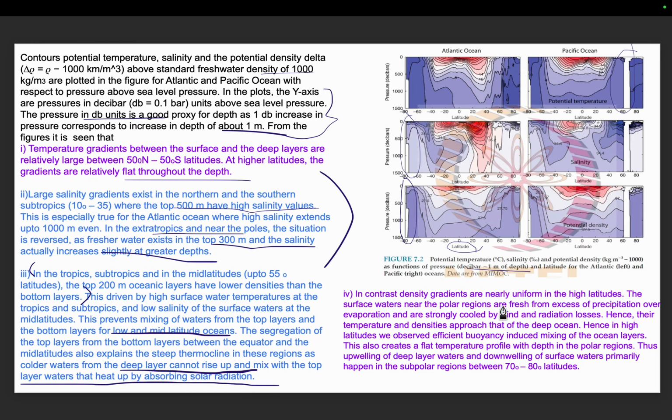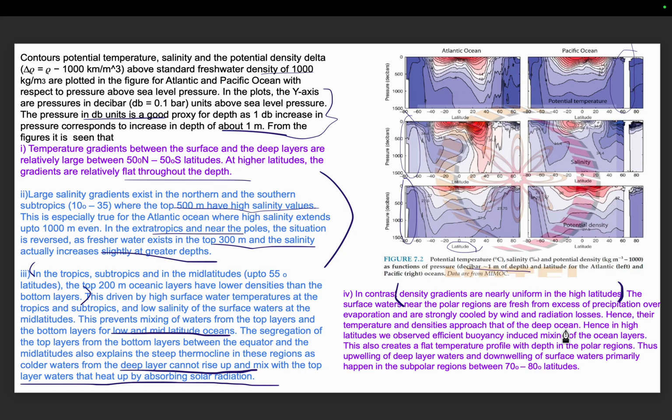In contrast, density gradients are nearly uniform in the high latitudes. The surface waters near the polar regions are fresh from the excess precipitation over evaporation and strongly cooled by wind and radiation losses.